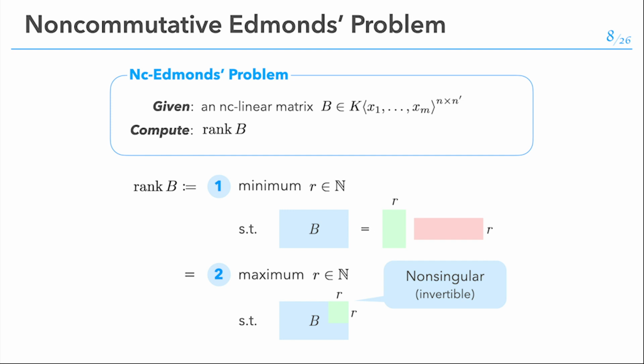And an equivalent definition is the rank of B is defined as the maximum r such that B has a non-singular submatrix of size r. Here, non-singularity is just invertibility.